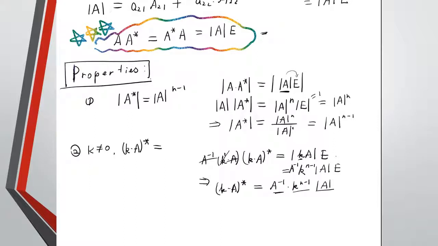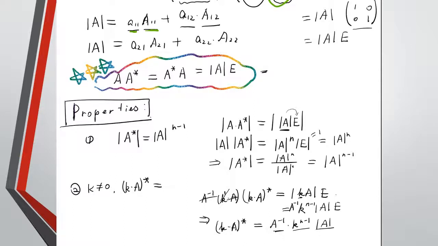Okay, so from the definition of the adjoint matrix, we can deduce that the A adjoint matrix equals the determinant of A times E, and on the left side we have A inverse, because on this one we can apply the A inverse here to cancel out this A and this A, okay?